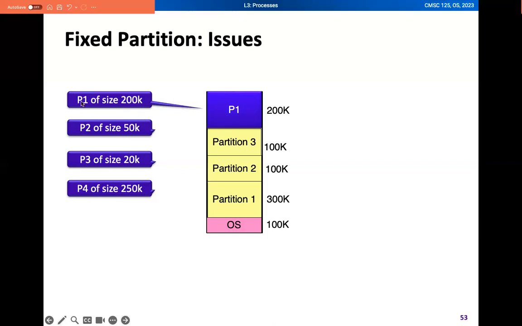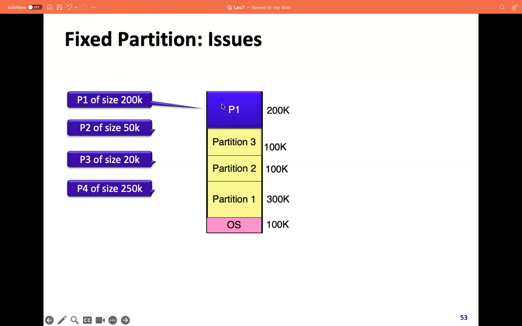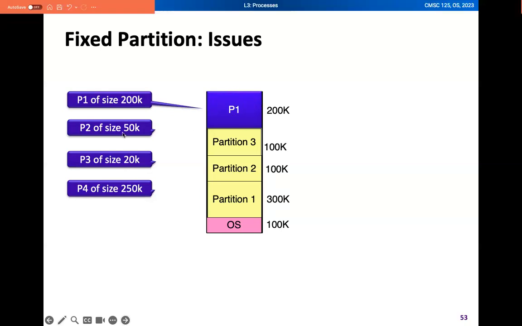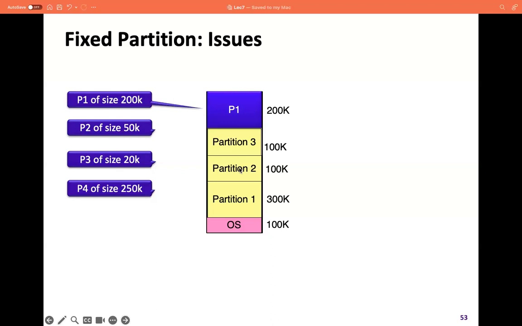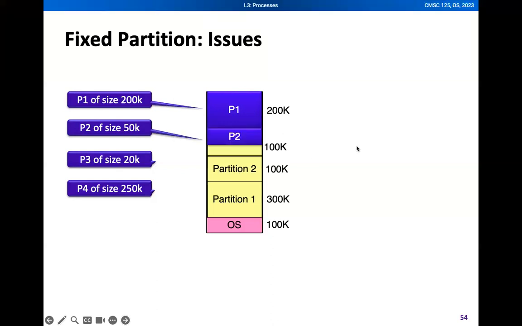P1 will be occupying this whole partition. And P2 of size 50K may be loaded in partition 2 or in partition 3. So let's say we load P2 in partition 3.